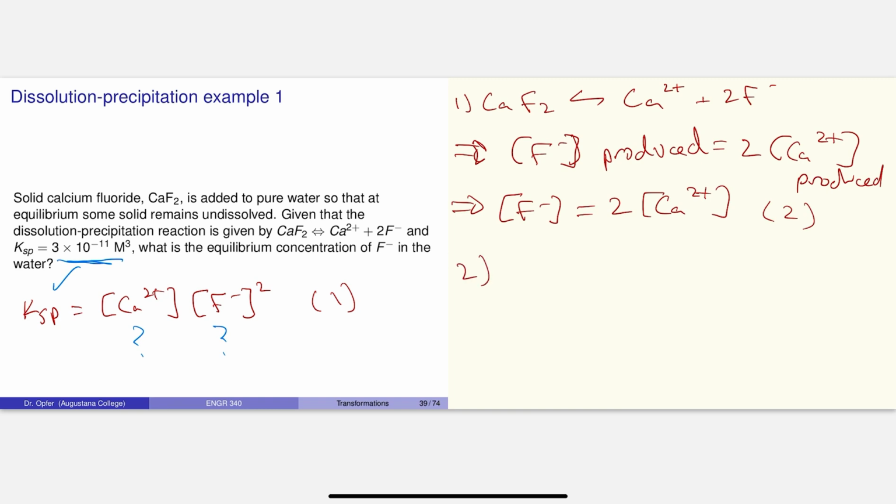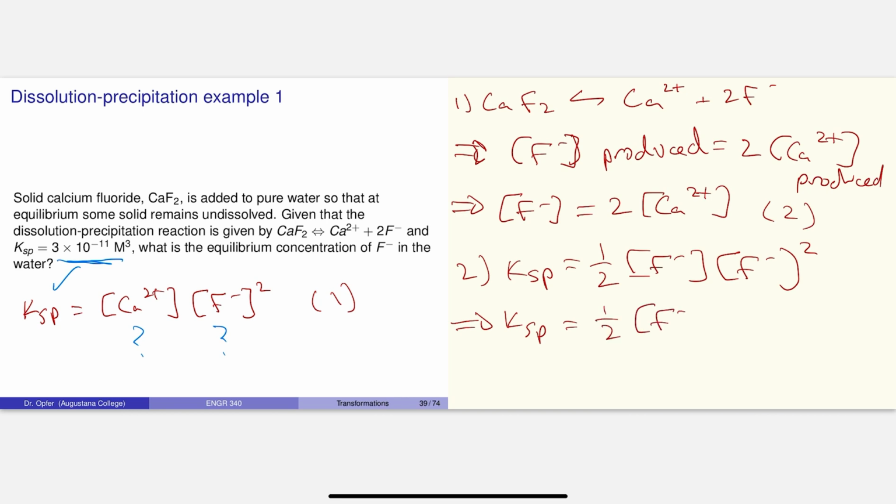Let's say KSP is equal to, instead of calcium, we're going to solve equation 2 for calcium. So 1 calcium is equal to 1/2 fluorine, times another fluorine squared. Then KSP equals 1/2 fluorine cubed. We know KSP, so all we have to do is solve this for fluorine.